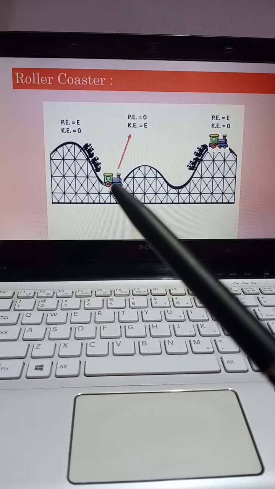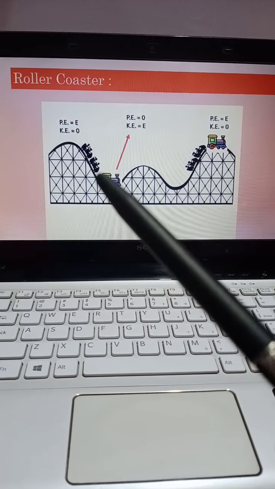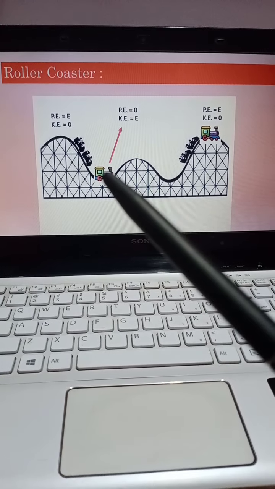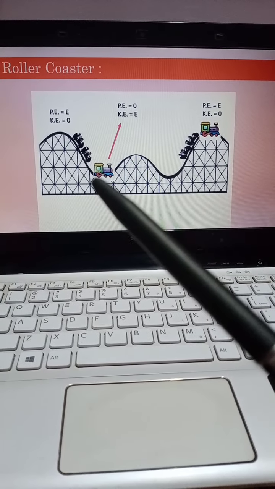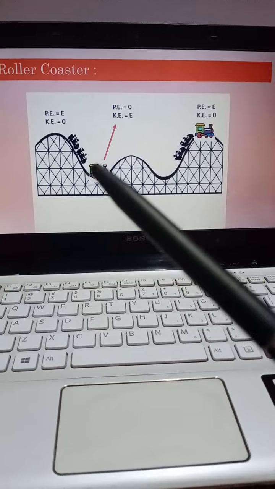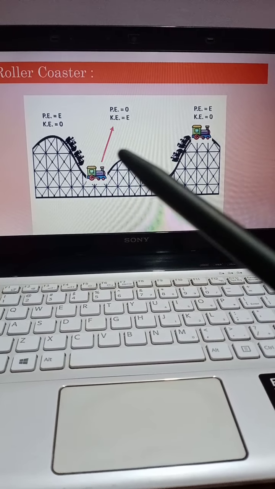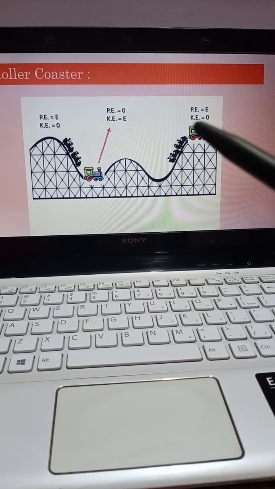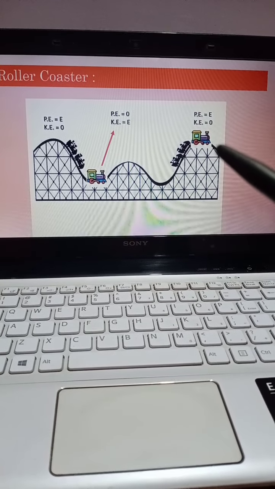At this position the potential energy will be zero, but it will gain maximum kinetic energy, and because of this maximum kinetic energy gained by the train, it will automatically rise to this height, and further it will move as a roller coaster.